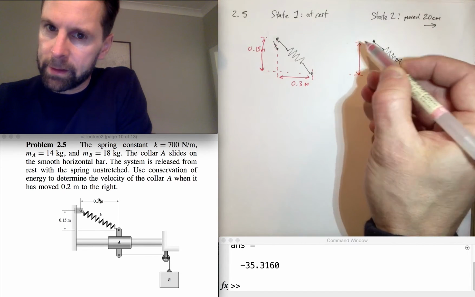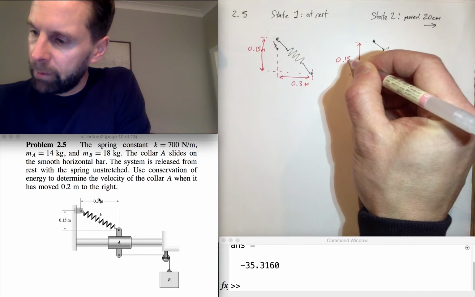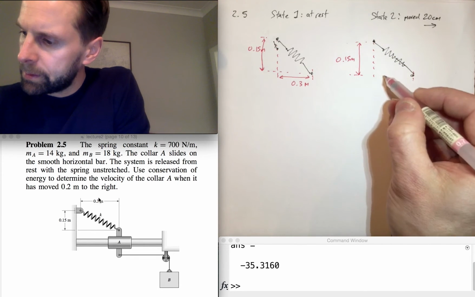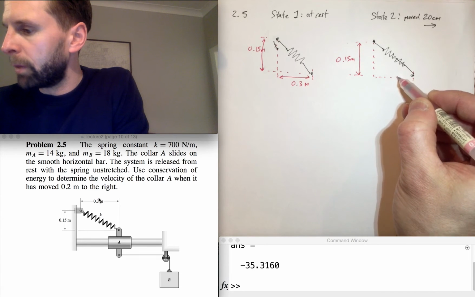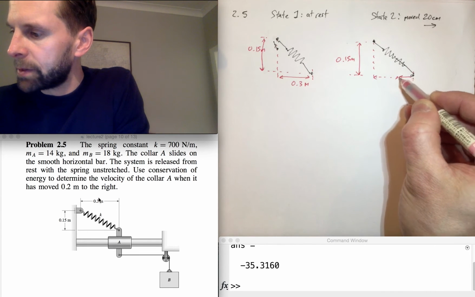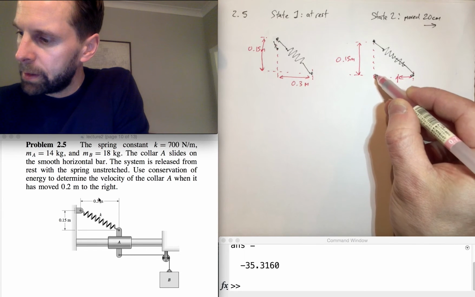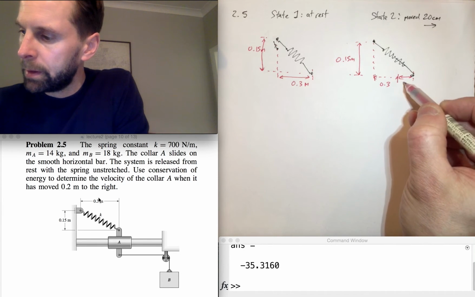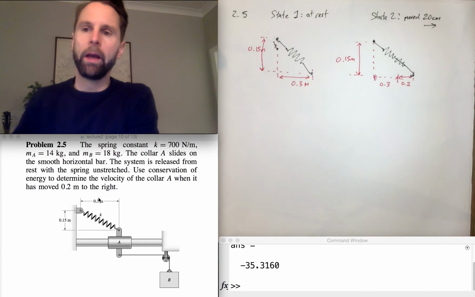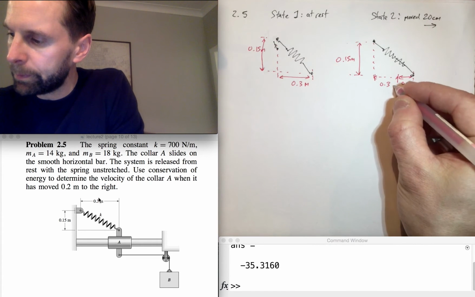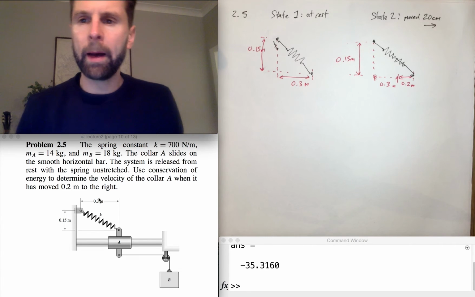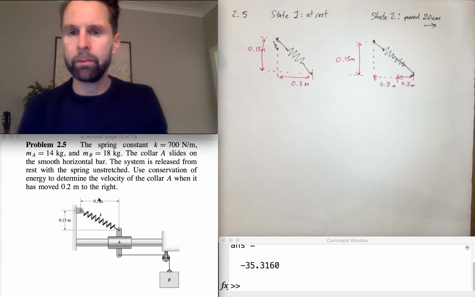So that distance is the same, it's still 0.15 meters, but this distance, although it doesn't look like it from my drawing, has actually extended. So this is the original position, and it's moved an extra 0.2 meters. So hopefully that's clear, and as I say, we'll use that in a bit.